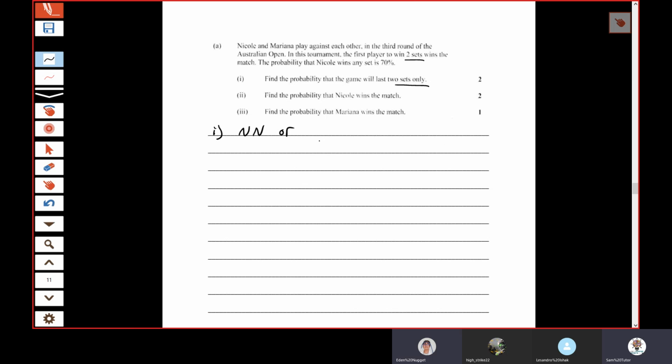Which means Mariana win the first one, Mariana win the second one. Right? Don't overthink it. Trust me. Just do what I keep saying. Act it out. That's the biggest word I can say for probability. Play around with it and actually act it out.